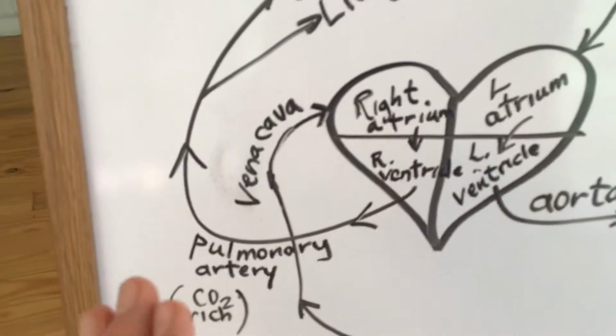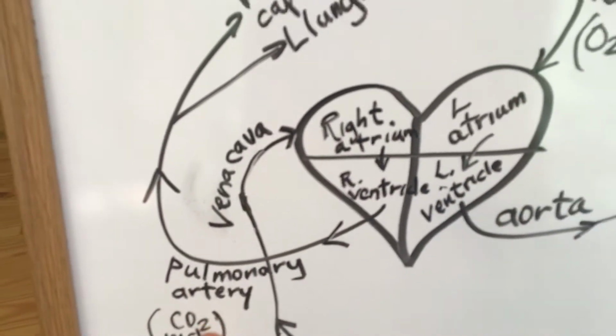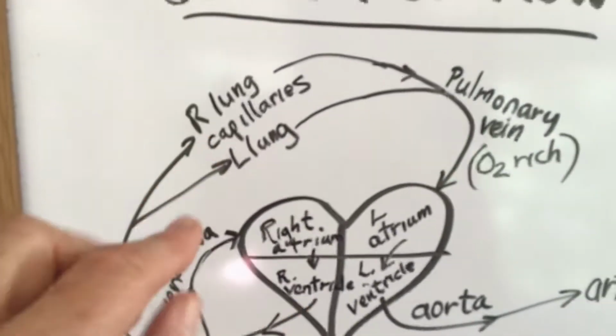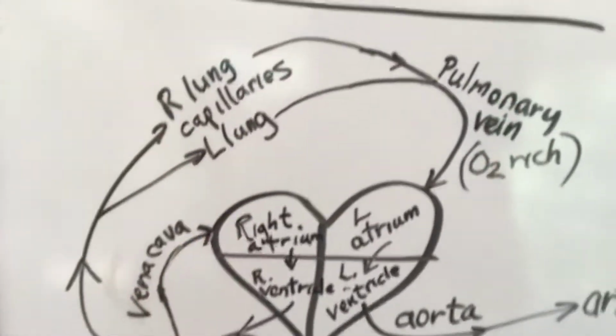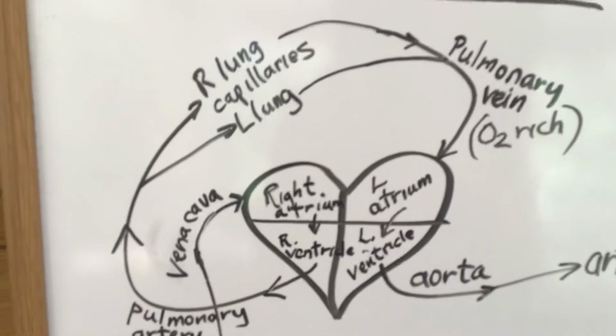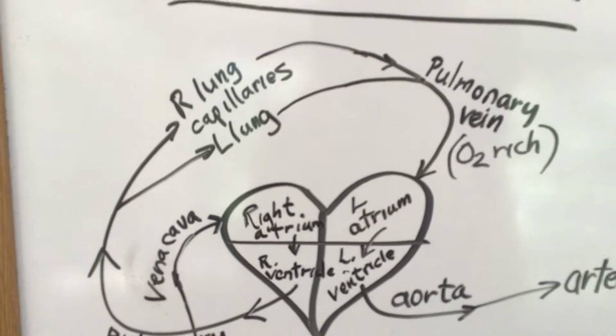At this point, the blood is very CO2 rich, and it is going to go to the lungs. It'll go to both the right and left lungs, and of course I'm skipping all the names of the different arteries that are going to the right lung and the left lung.